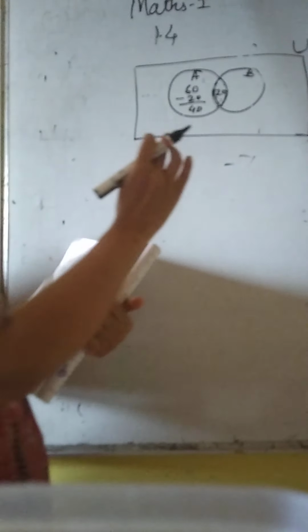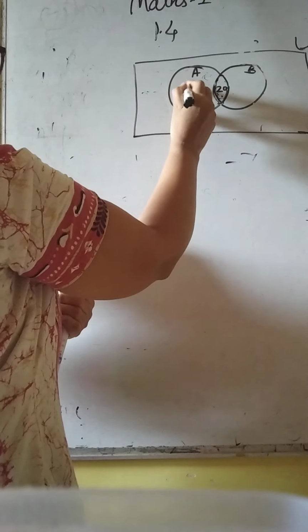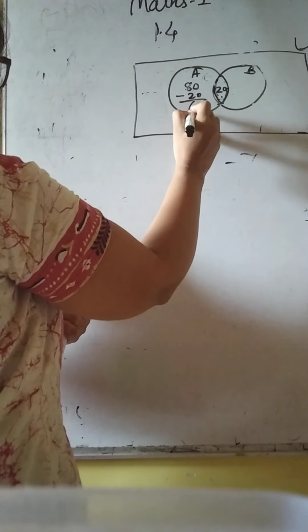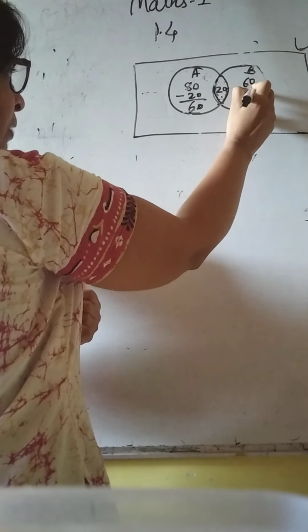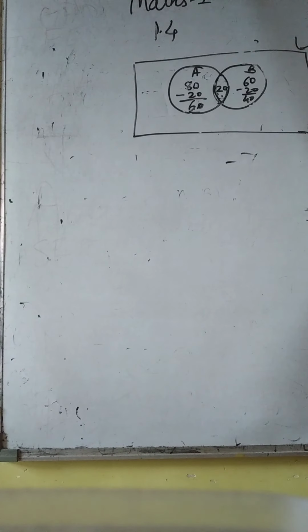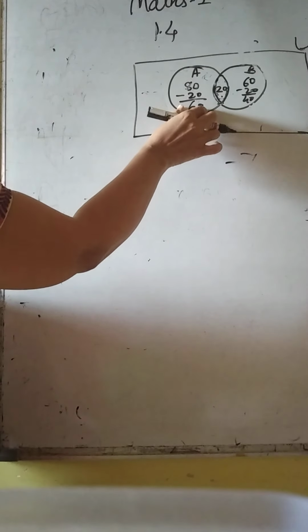No, it was 80 drinks tea, na? 80 drinks tea, children. So here it will come 80 minus 20, 60. And here it will be 60 minus 20, which is 40. See, they said 80 drink tea, so 80 minus 20, 60.